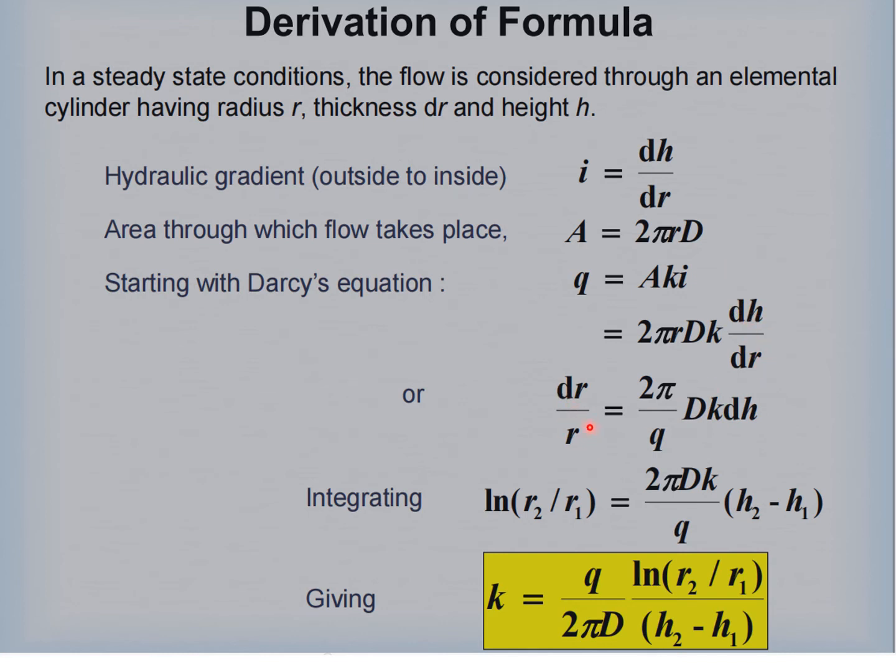So dr over r is equal to 2 pi D K over Q times dh.